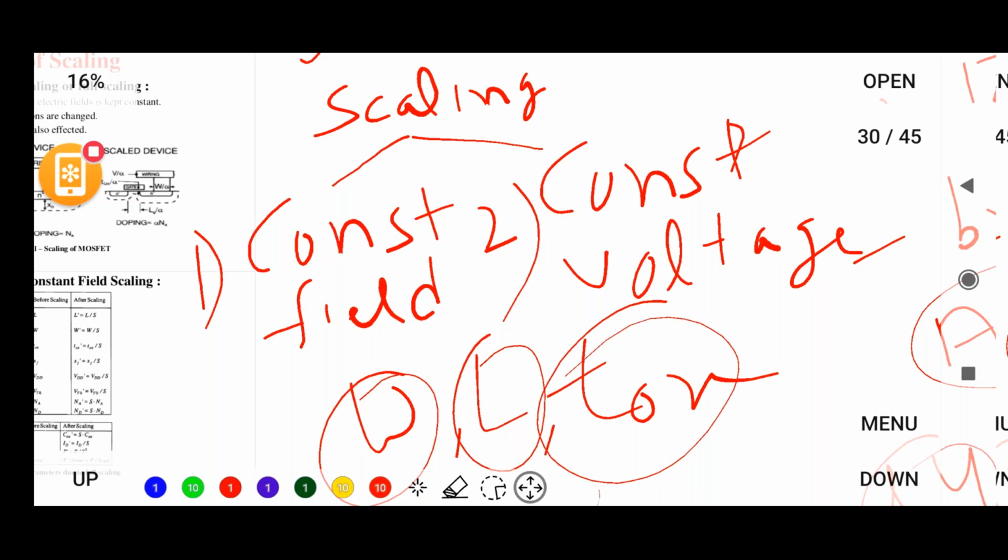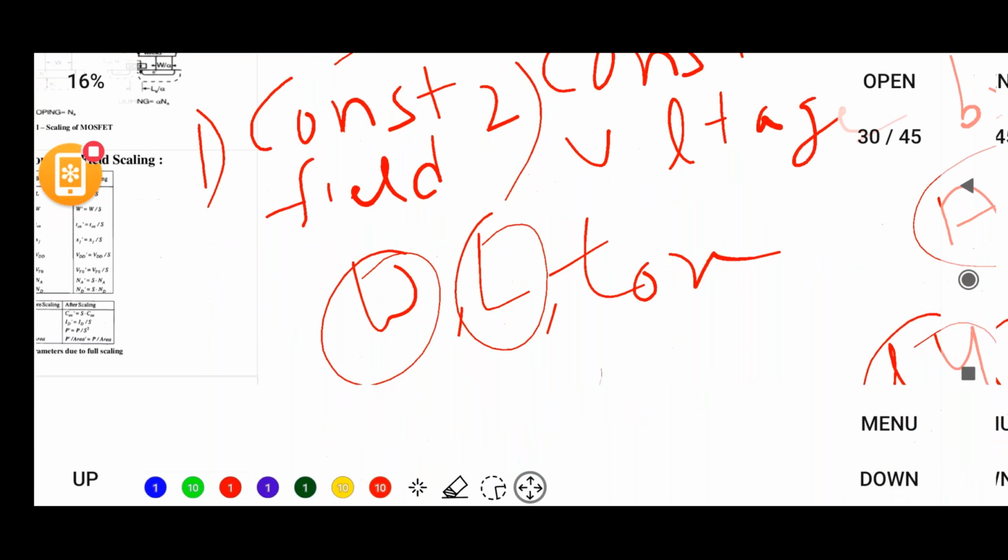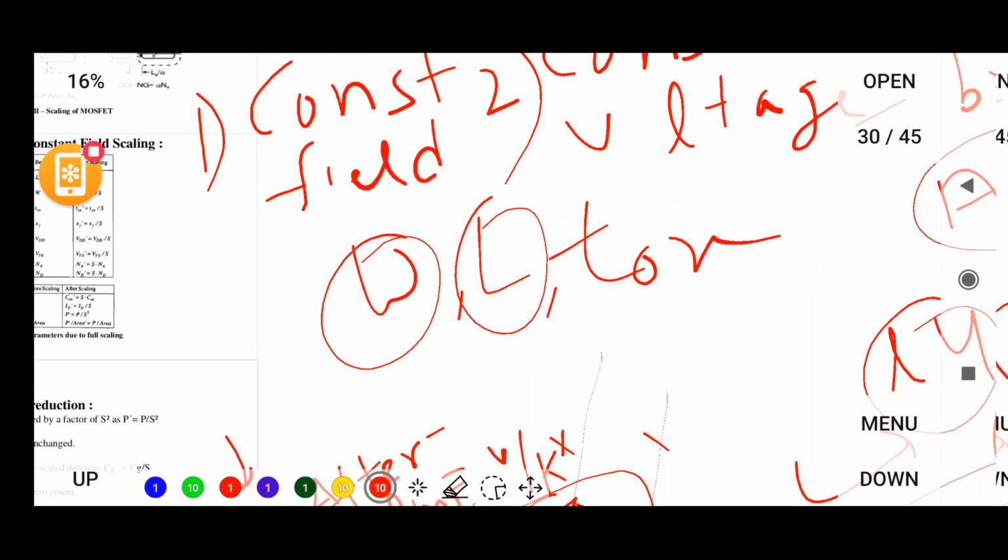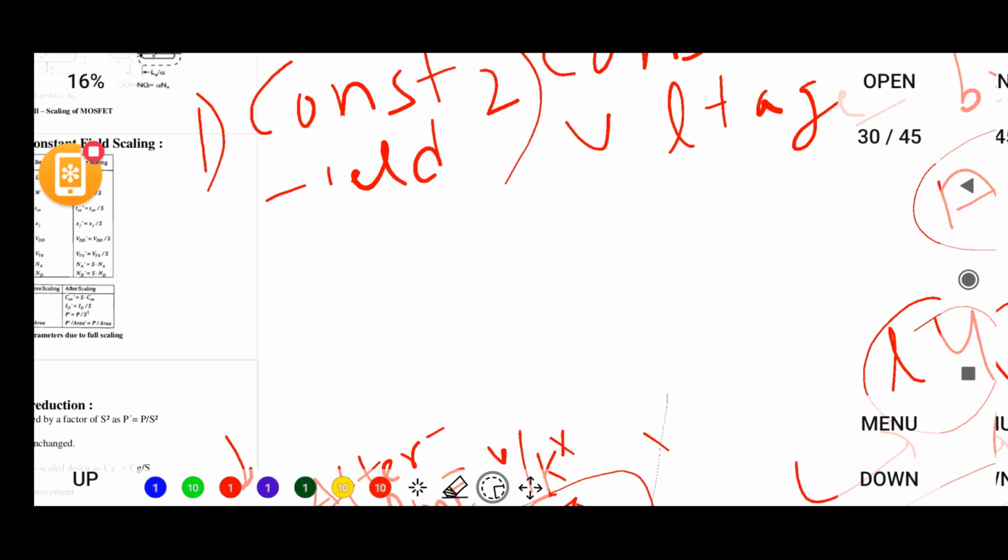So you have to control this electric field, or hold this value. That is a very important point, and it is only possible by the constant field scaling. In the constant field scaling, your electric field is constant. It does not change.